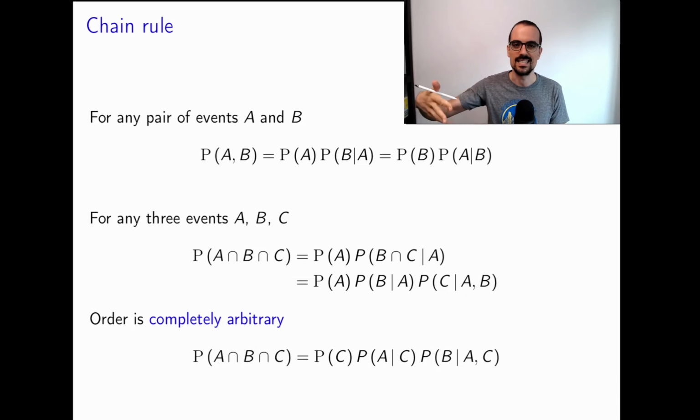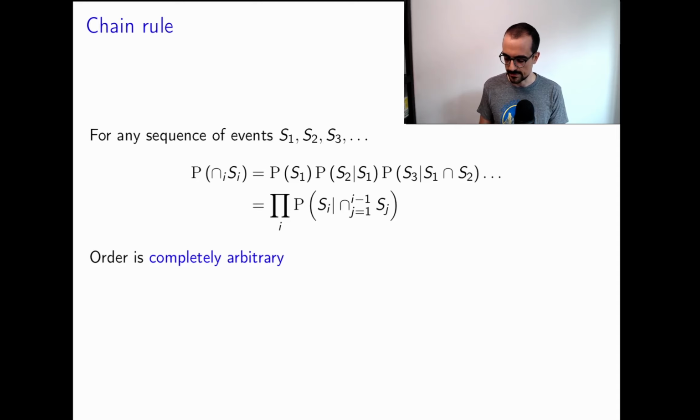And this, by exactly the same argument, extends to any number of events. Let's say that we call the events S1, S2, S3, up to whatever you want. If we have the probability of the intersection between all of these events, we can express it as this chain of conditional probabilities where we take one out, the probability of that one, the probability of another one given that guy, the probability of a new one given the intersection between everything that we have taken out, and so on and so on.